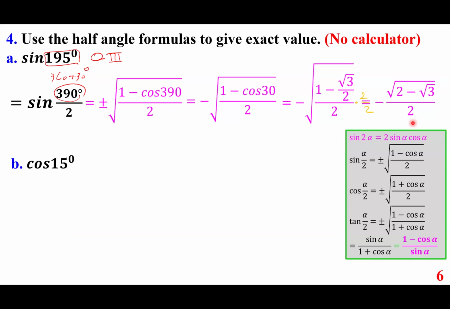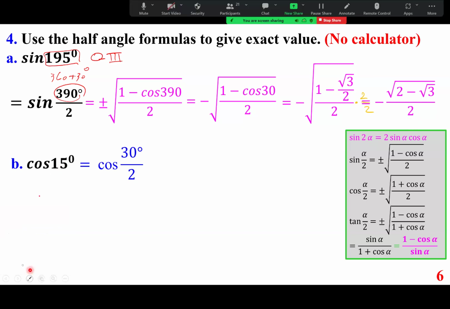What about cosine of 15 degrees is cosine of 30 over 2. 30 is a common arc, and this is in quadrant 1. In quadrant 1, everything is positive. We know the answer is plus minus the square root of 1 plus cosine alpha over 2.